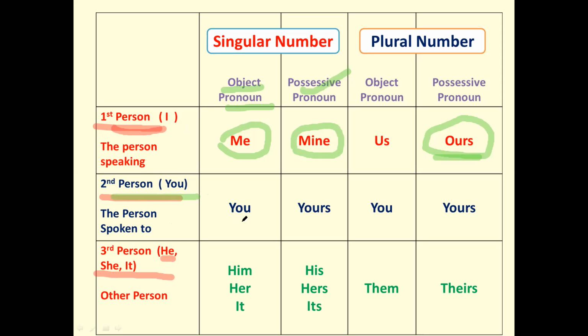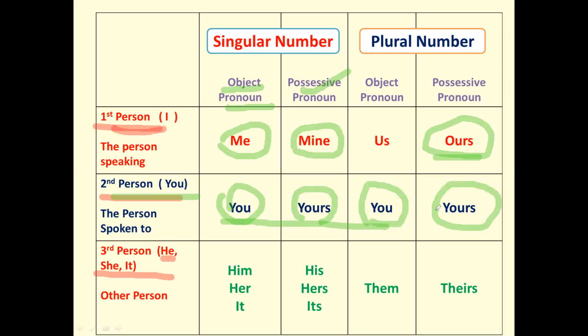For example, this pen is yours. So you is used as singular as well as plural. The objective pronoun you becomes yours in possessive pronouns.